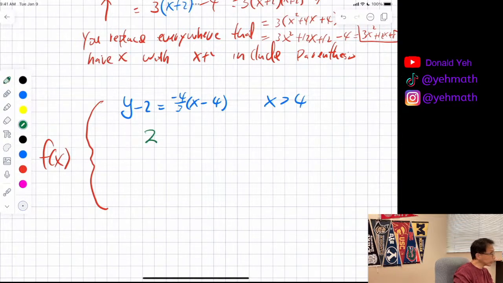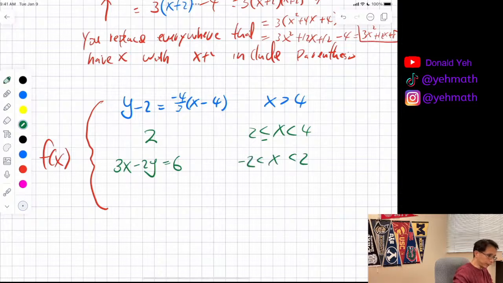Okay, second function, I'm going to label it as green. So what happens is y equal to 2 when x is between 4 and negative 2. That's going to graph the function y equal to 2. Okay, the next one will be 3x minus 2y is equal to 6, when x is between 2 and negative 2.